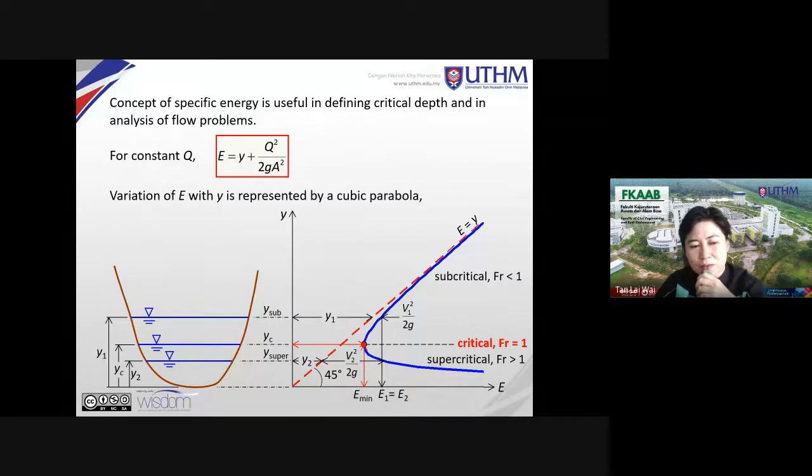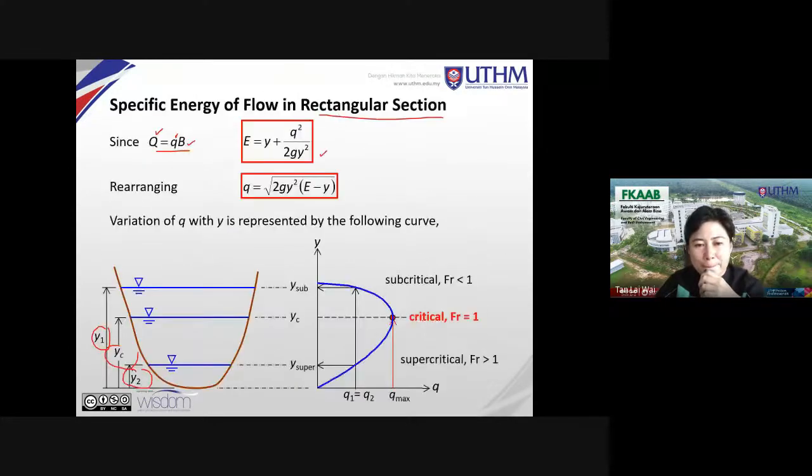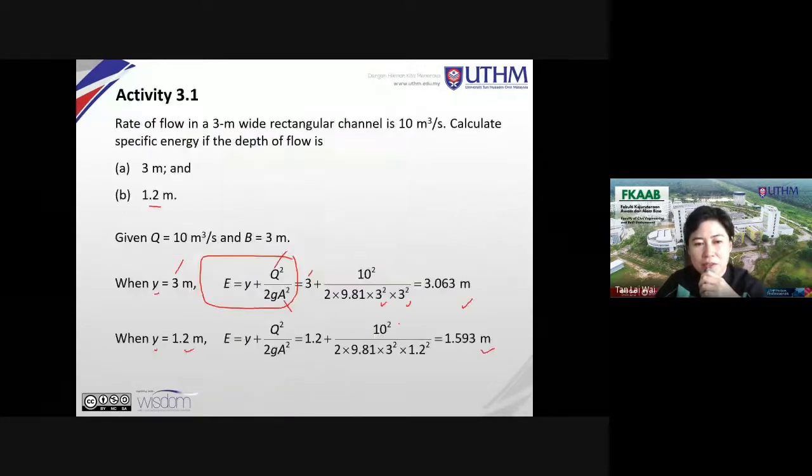When the depth of flow reduces, you have one specific energy. When it increases, you can get the same specific energy as well. So not necessarily when the depth of flow increases, you get an increase in specific energy. This exercise is just for you to apply the specific energy equation only.